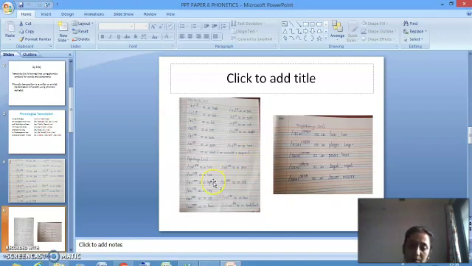So, what is a diphthong? A diphthong is a set of two vowels. It's a glide from one vowel to another. For example, how, ha-ow, right?